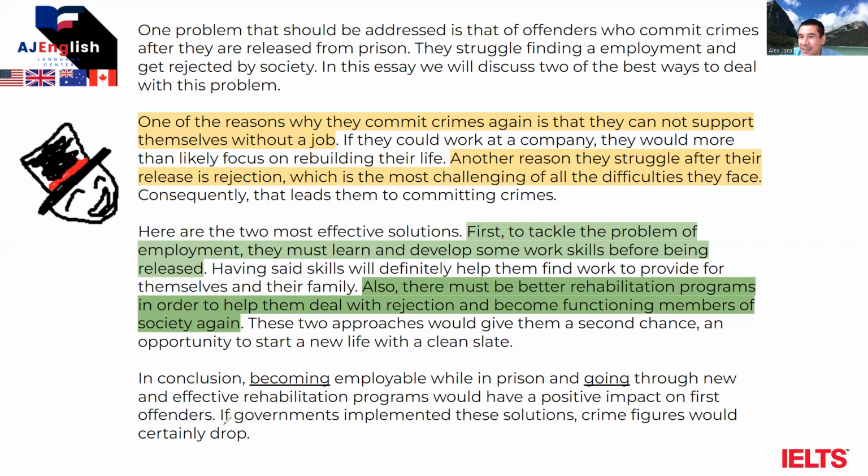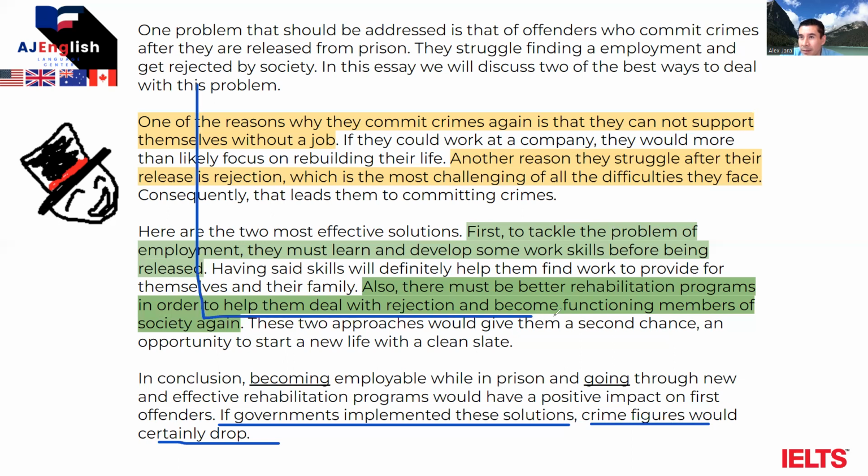And finally, you mentioned some of the positive results if they do what you said in the essay. If governments did this, crime figures would certainly drop. Like, if crime is going up, they do that, crime will go down, because, well, not crime, but the offenders who commit crimes again, instead of going up, they would drop.